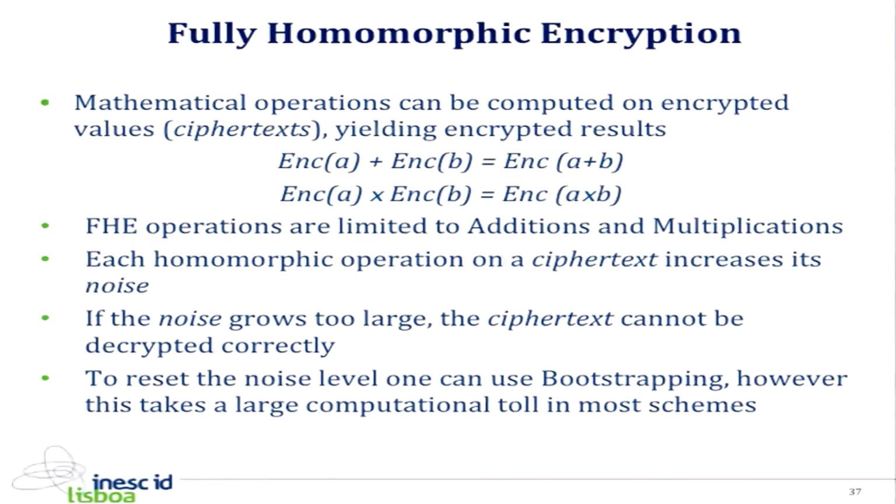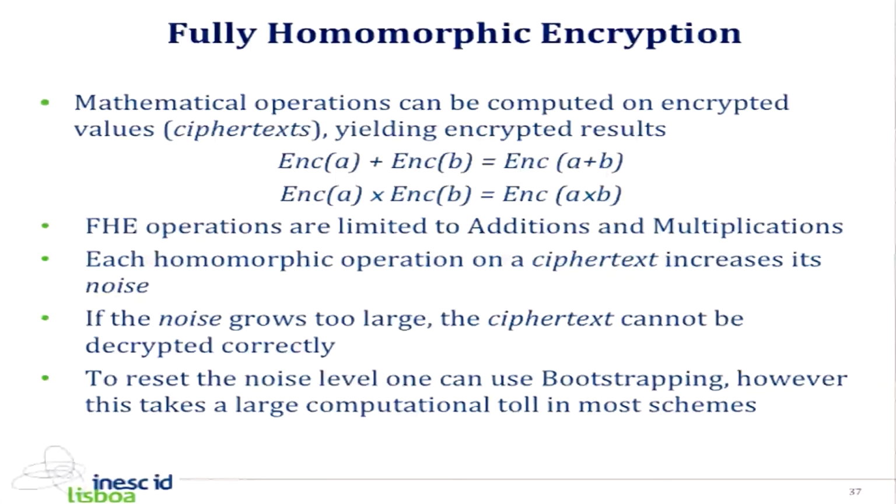The same for multiplication. If you're only able to do either additions or multiplications, we call this partial homomorphic. If you can do both, then it's called fully homomorphic encryption. And only relatively recently are there techniques that enable us to do fully homomorphic encryption.